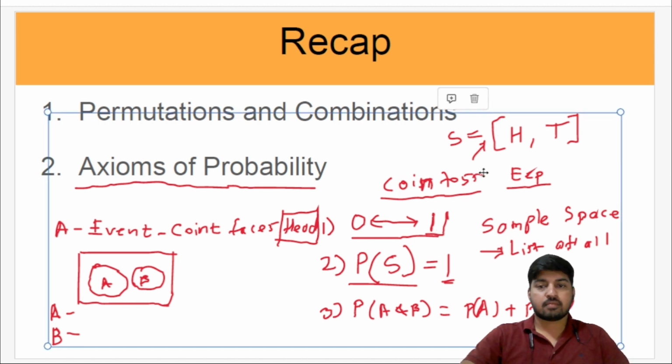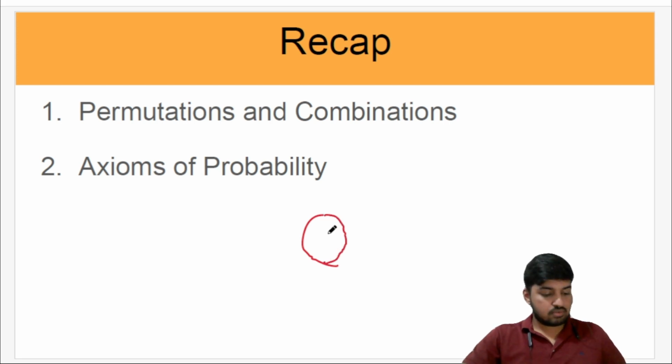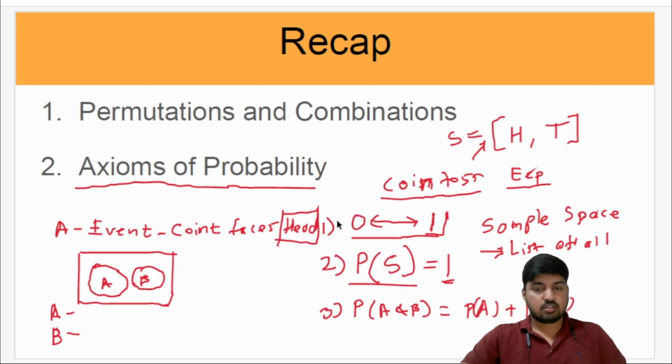Yes, if we know one probability, like probability of A, then probability of B is 1 minus the probability of A. Yes, so it is about the complement.